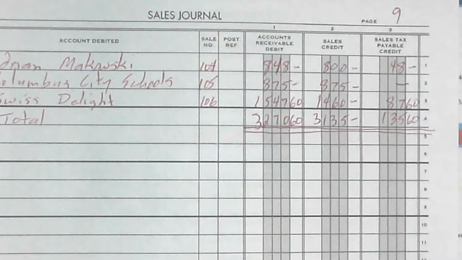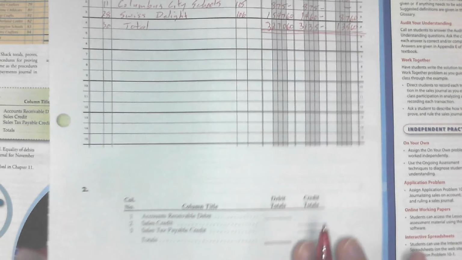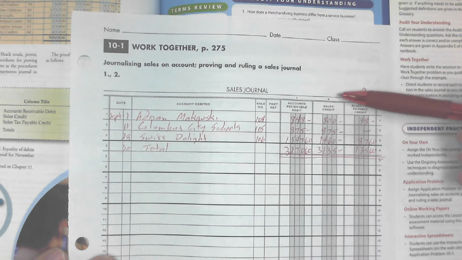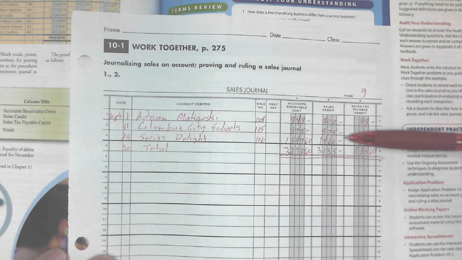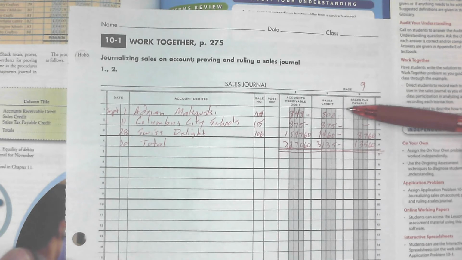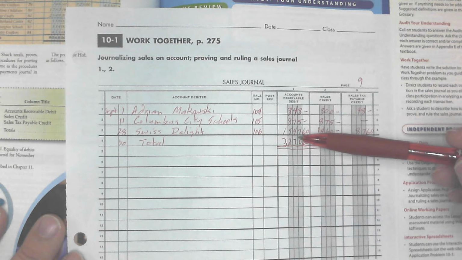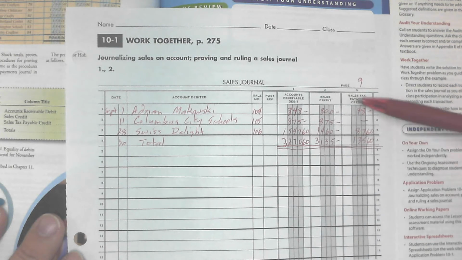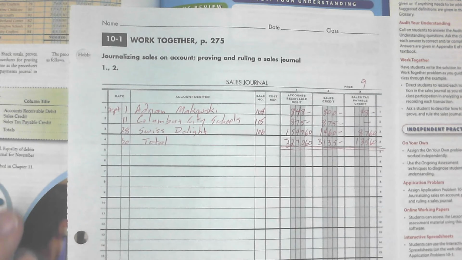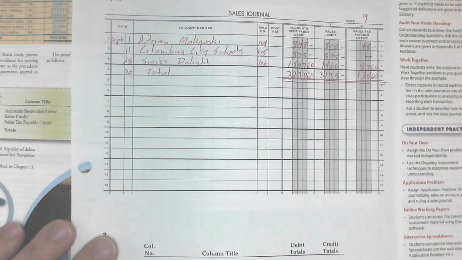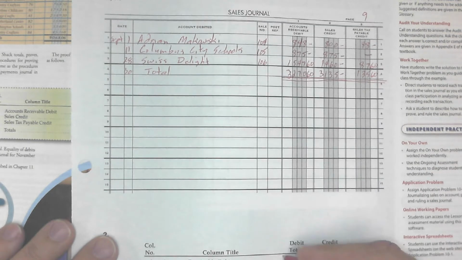And then in the bottom section, we're just going to fill in the blanks. And if you look up here, you've got your debit column, then our two credit columns. Same old rule applies. So our accounts receivable debit, $3,270.60.